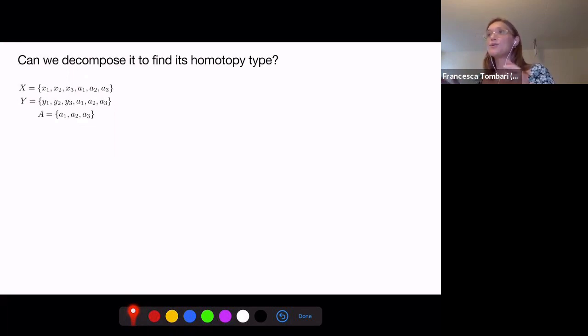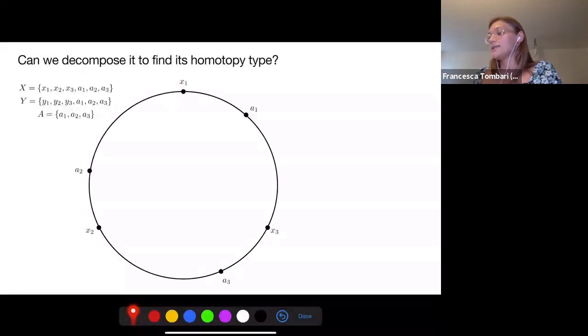So I take 2 subsets, 2 sub-metric spaces of Z called X and Y, where X contains all the points labeled with X's and A's, and Y contains all the points labeled with Y's and A's. And A, of course, will then be the intersection. And this is, for example, the set X. So it contains these 6 points.